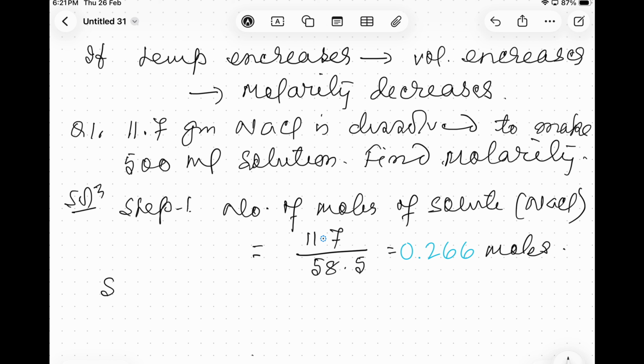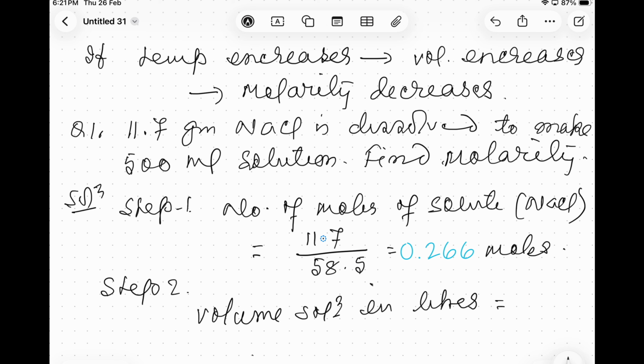Step 2: volume of solution. It is given in milliliter, so convert it into liter. It should be equal to 500 by 1000, and this is 0.5 liter.